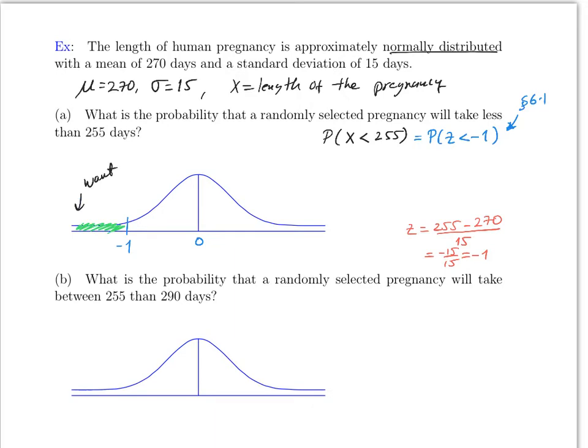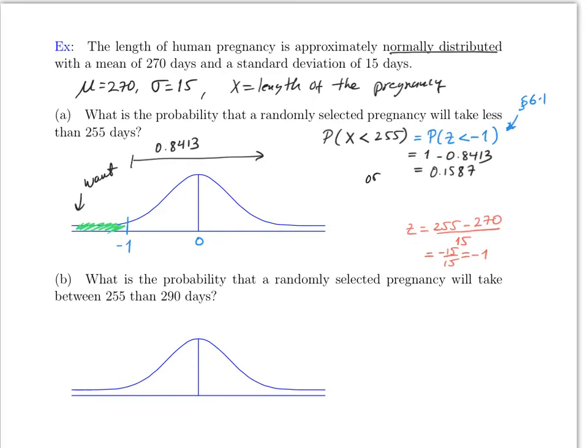By symmetry, you look at the table, since there are no negative values, this area from here to here is 0.8413. Again, since you want the green area, this is going to be equal to 1 minus 0.8413, which equals 0.1587.